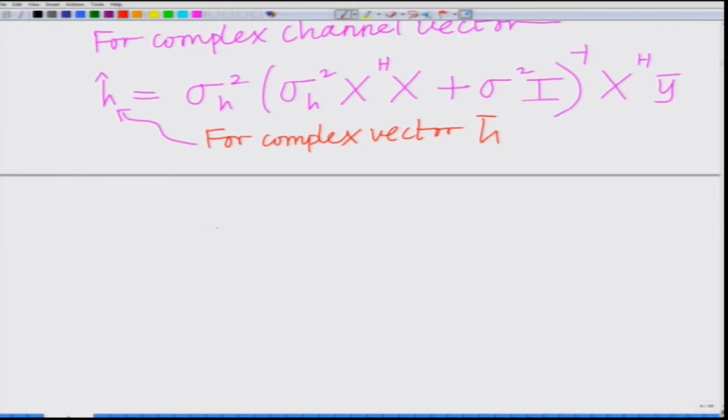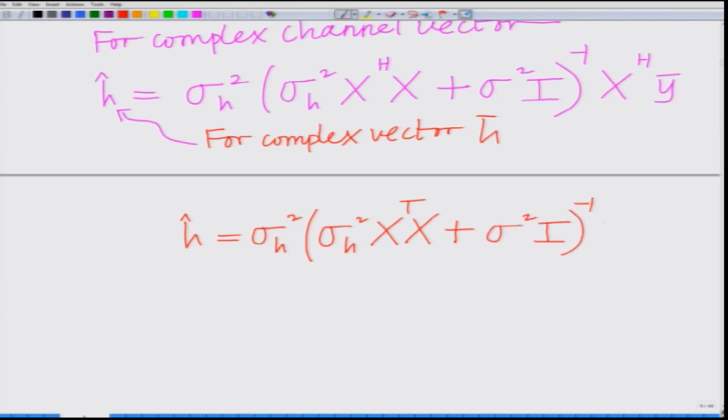Alright, and one small point to observe here, which is very interesting, that is, we look at this estimate h hat equals sigma h square x transpose, going again back to the real scenario, sigma x times x transpose y.